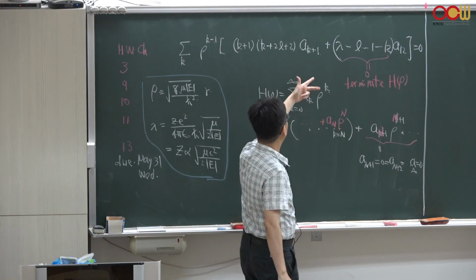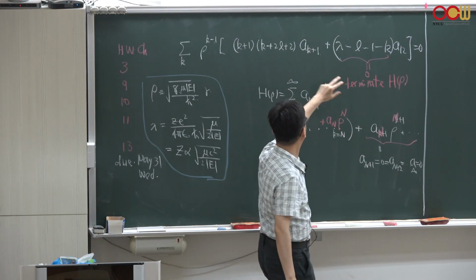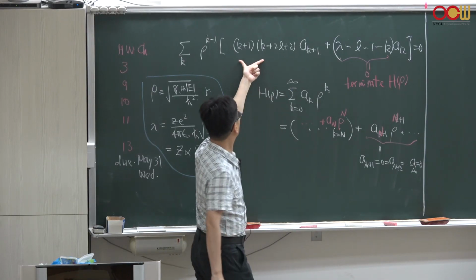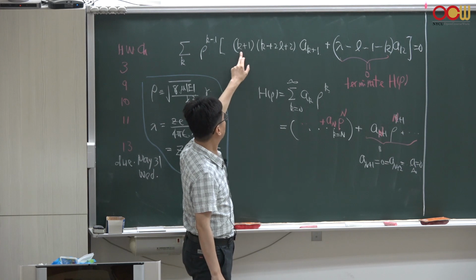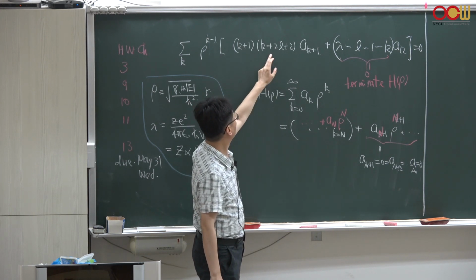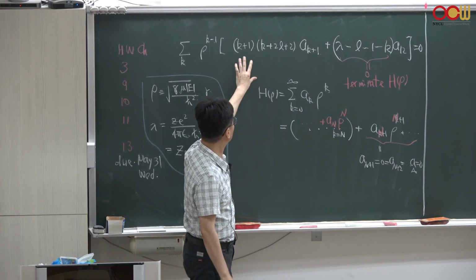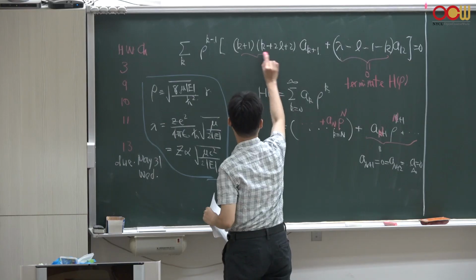You could go back to the recursive relation right here. It says that there are two terms. One is a_{k+1} times those numbers, and those numbers are positive. k is a positive integer, L is a positive integer, and plus 2, and all is plus. These two factors cannot be 0.